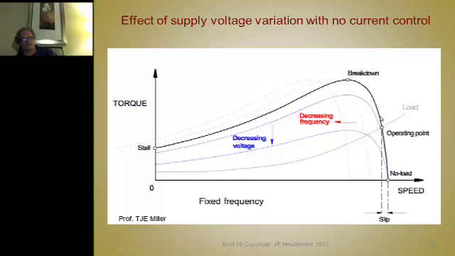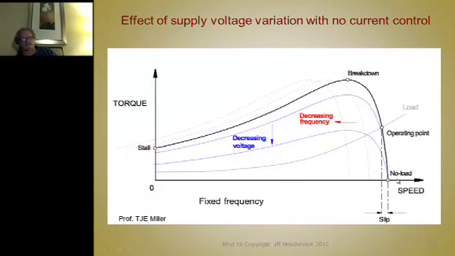So if we decrease the frequency, then all these curves, which are kind of congruent, are the same shape and proportion, but the speed at which they start just decreases.